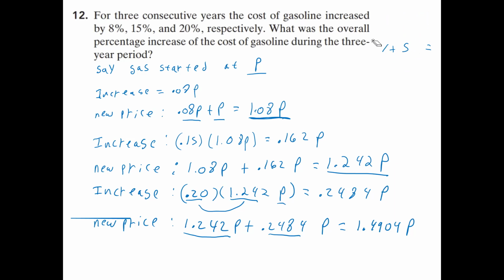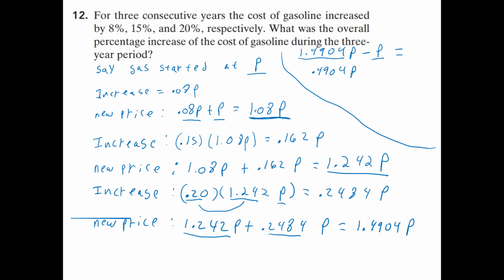Now, to figure out the percent increase, what we do is we figure out the amount of increase. So you ended up at 1.4904p minus p. And now, 1.4904 minus 1 is just 0.4904p.